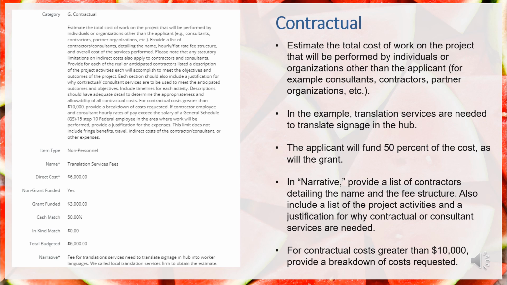The applicant will fund 50% of the cost, as will the grant. In narrative, provide a list of contractors detailing the name and the fee structure. Also include a list of the project activities and a justification for why contractual or consultant services are needed. For contractual costs greater than $10,000, provide a breakdown of costs requested.